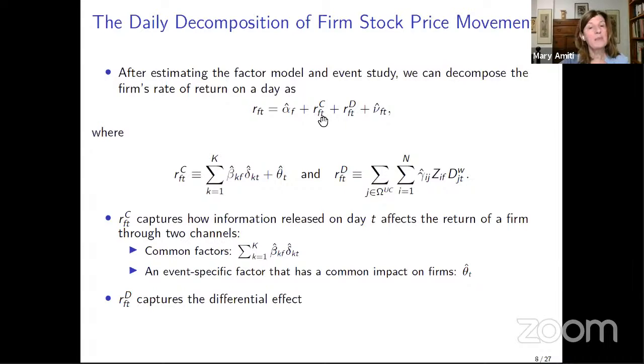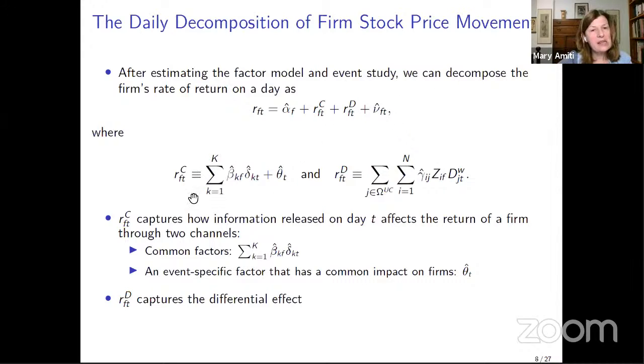And as I just showed, we want to get the common factor. Sorry, I'll try to avoid mixing up my jargon with factors and effects. So this is the common effect, this is the differential effect, and then this is just an idiosyncratic effect. It's something unrelated to anything else that just affects the firm on that day.